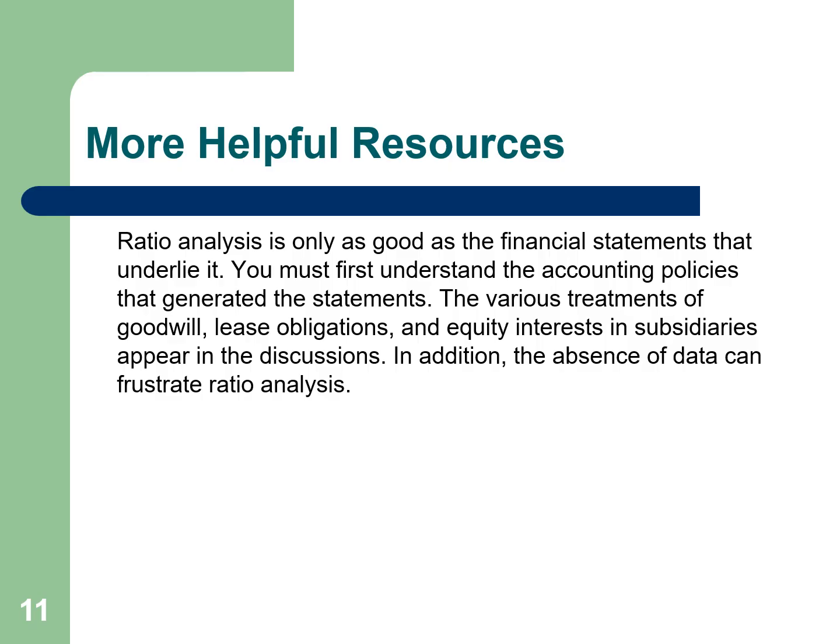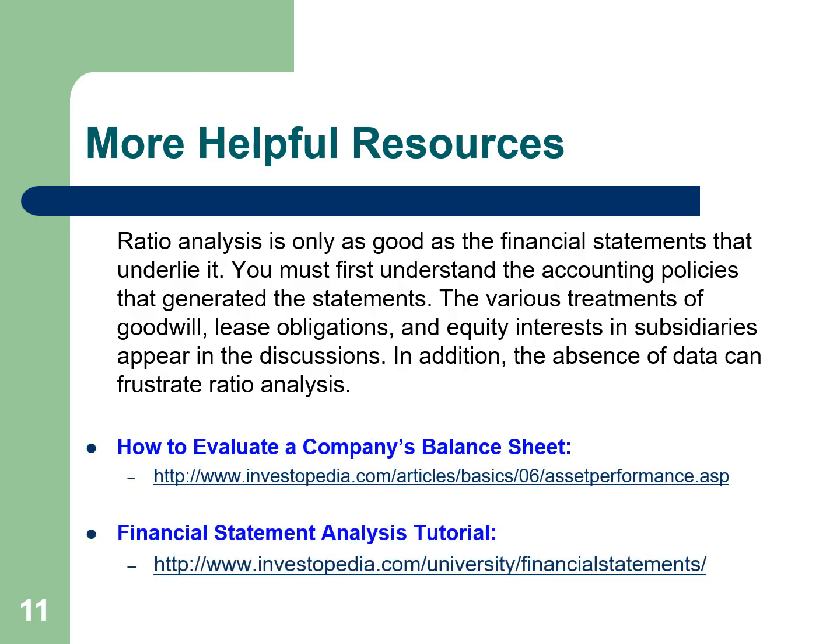This means looking into how a company treats things such as goodwill, the intangible assets arising from acquisitions that may vary significantly between companies. Lease obligations. Different approaches to capitalizing leases can impact balance sheet figures and profitability ratios. Equity interests in subsidiaries.